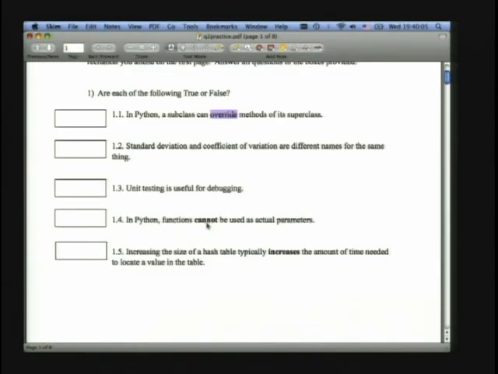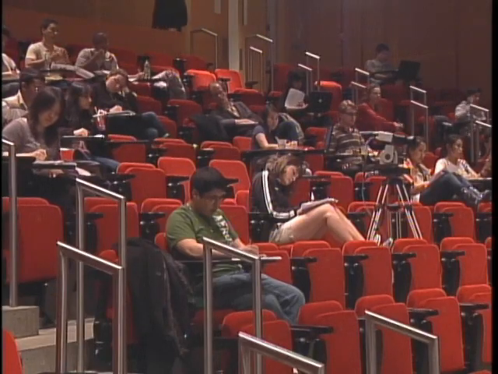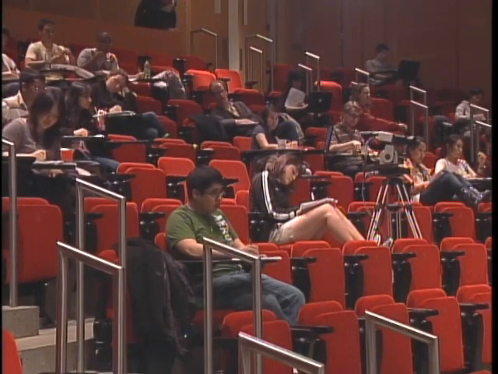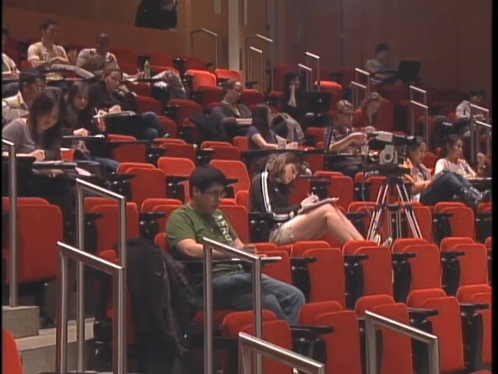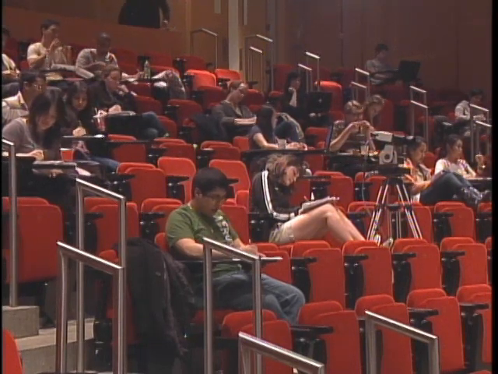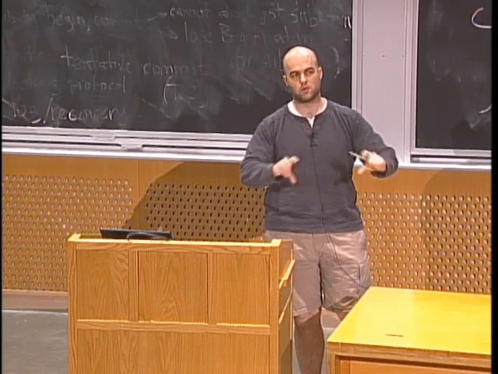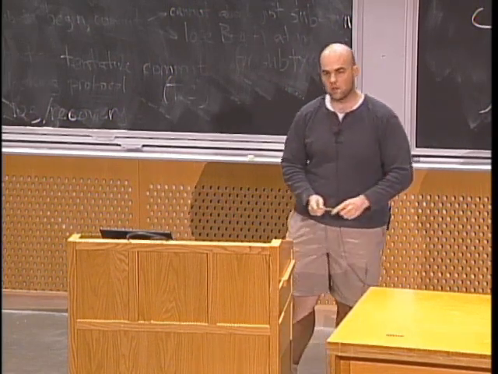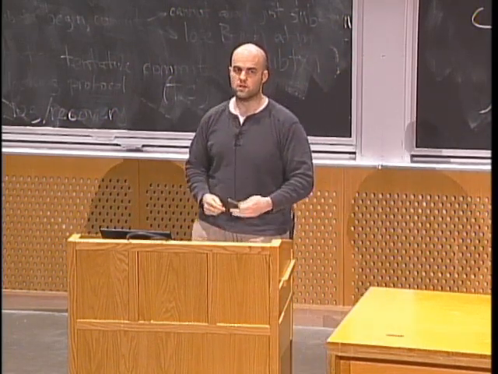Unit testing is useful for debugging. What does the audience say? True. Okay. You know what unit testing is? Can you define it? Well, unit testing is when you use other code to test your code. So you say you've broken your code up into nice little functions, like a good programmer, and you want to make sure that those functions are giving you the right values.